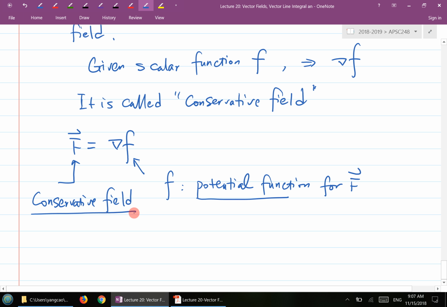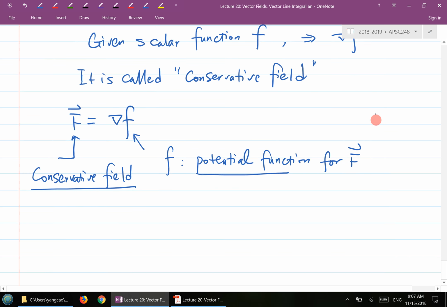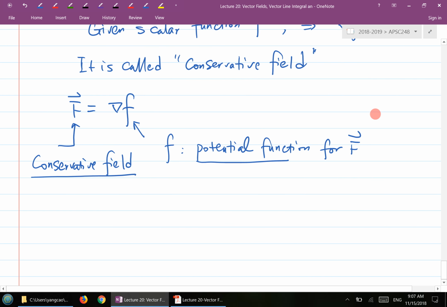In math, there's a function just called potential function. It is a very useful terminology in physics and engineering. So, a couple of examples here.